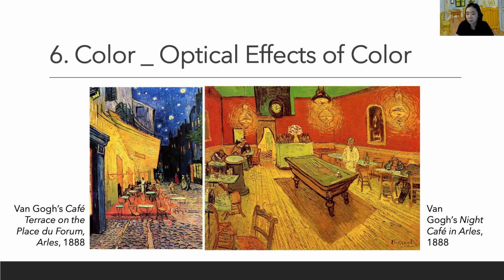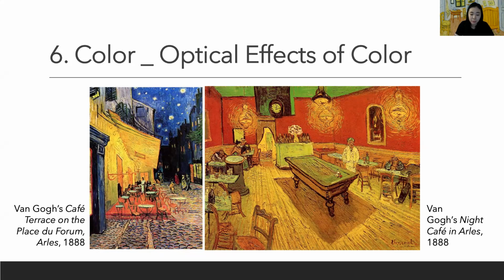So which colors can you see in this painting? The cool colors, the blue color, yes. And yellow, yes, yellow and orange, right? Orange on the restaurant's terrace.